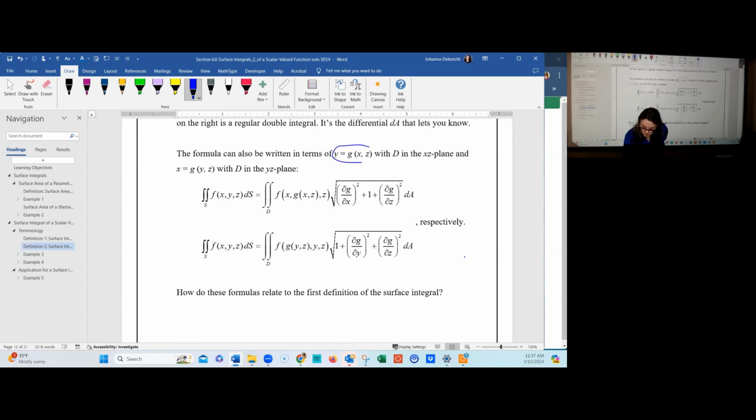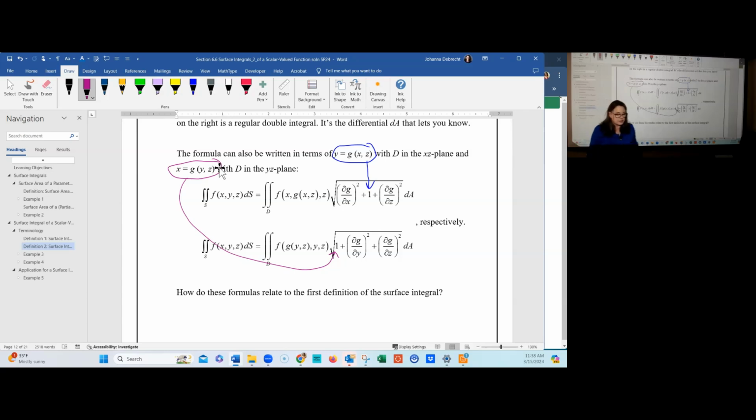So that would be this part here, which results in this right here. And the second one is projecting into the YZ plane. If you project into the YZ plane, then you're setting x to be equal to g of y and z, which means the partial of g with respect to x is just the number 1. So you can do it into any of the planes, whichever one you want.